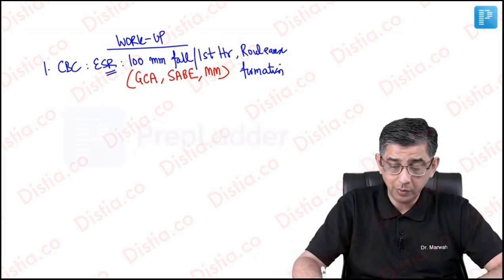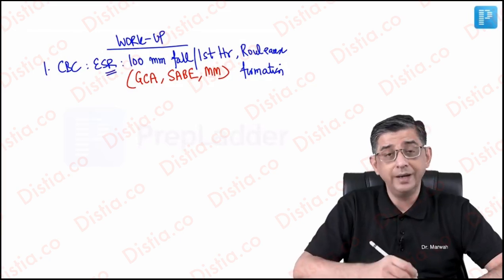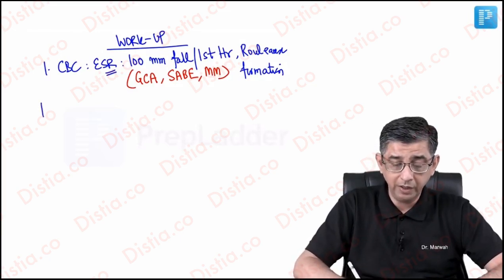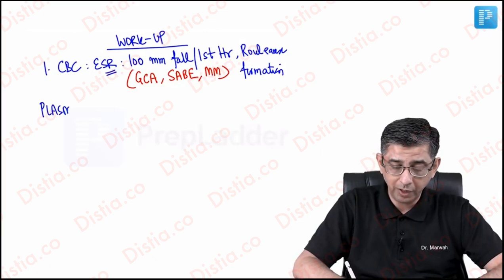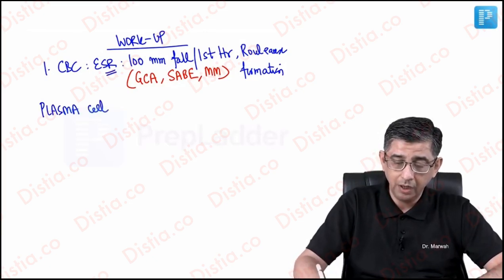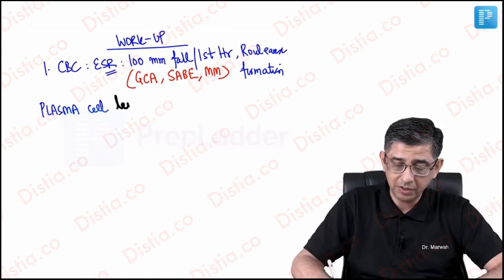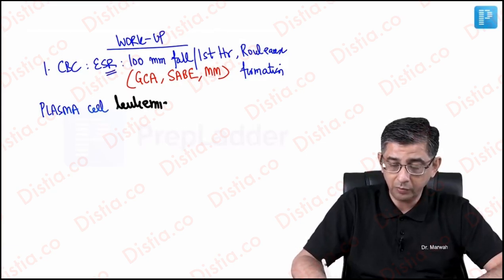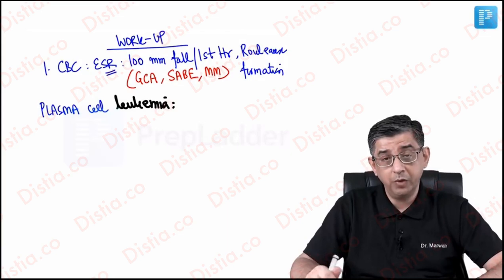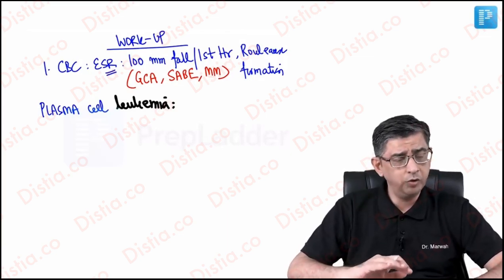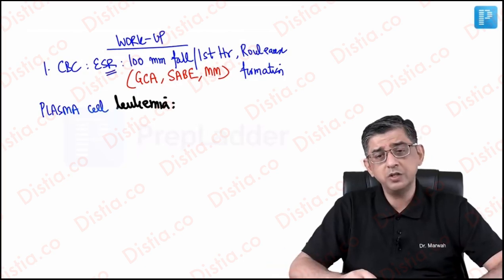Now, there is also possibility that if the diagnosis is made late, then the disease might get converted into what is called plasma cell leukemia. You see, I started the discussion by saying that there is going to be increase of plasma cells in the bone marrow, but now they have colonized and taken over the whole of the bone marrow and now come in the bloodstream also.